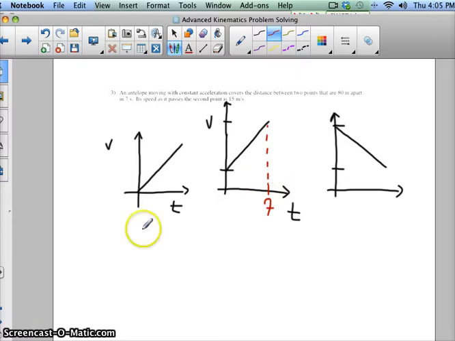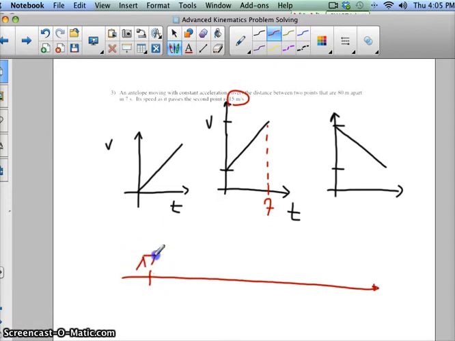And let's see, what else can we figure out? Well, we know the ending velocity is 15 meters per second. I'm going to try to simplify my life by having the antelope start, there's my antelope. You have to be a really good artist in physics, so there's my antelope. I'm going to start my antelope at 0 position, and I'm going to have my positions in meters.